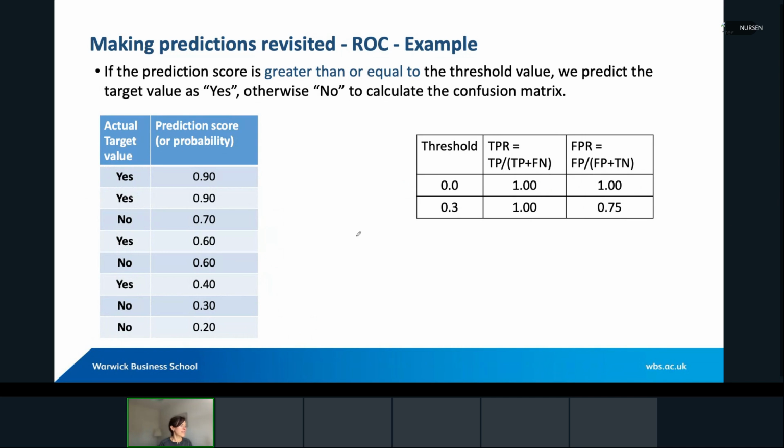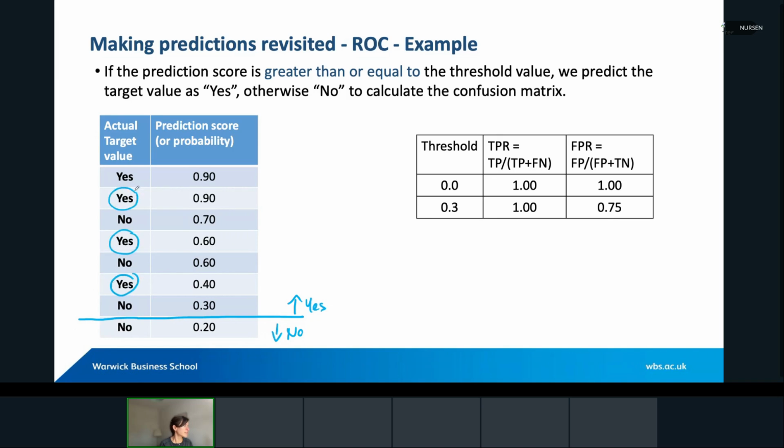Now let's say we increase the threshold to 0.3. Anything greater than or equal to 0.3 will be predicted as yes, and anything less than 0.3 will be predicted as no. Now, compared to the previous one, I have fewer yes predictions, but I still catch all of those yes cases.